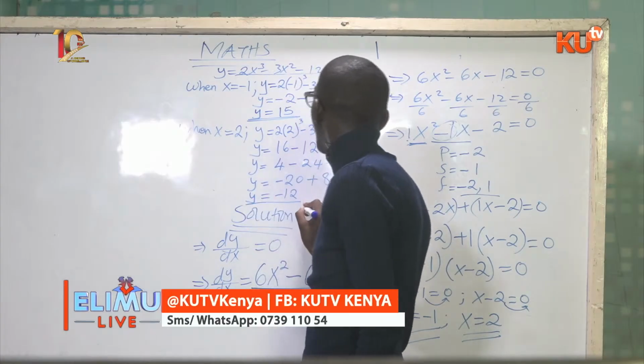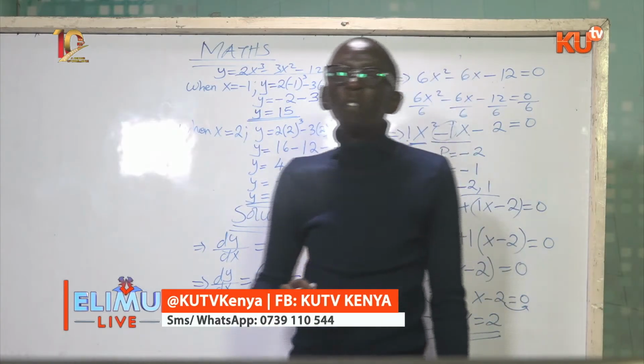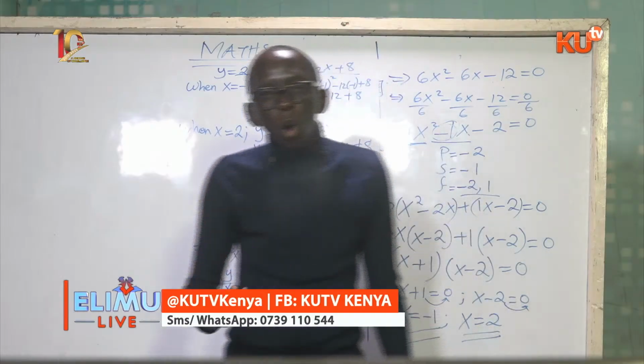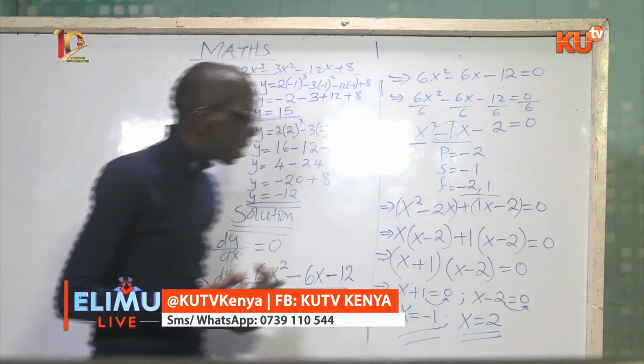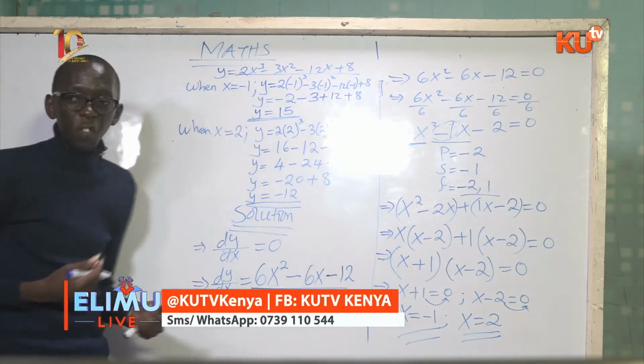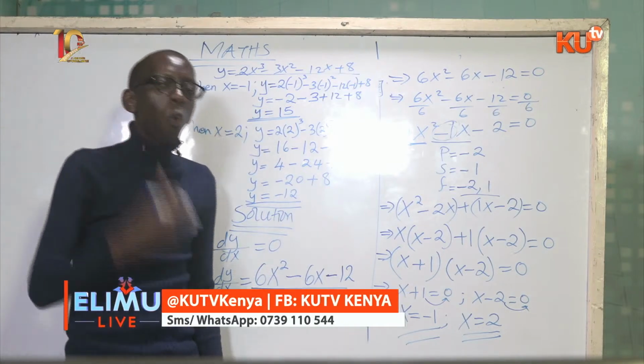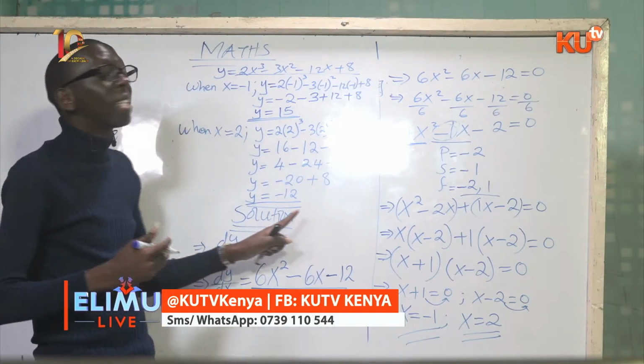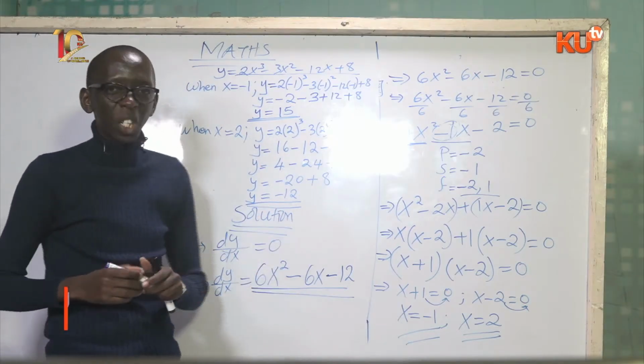Now you have the values of x and you have the values of y. You have the value of x, that is negative 1, and the value of y when x is negative 1, which is 15. We have the value of y when x is positive 2, which is negative 12.